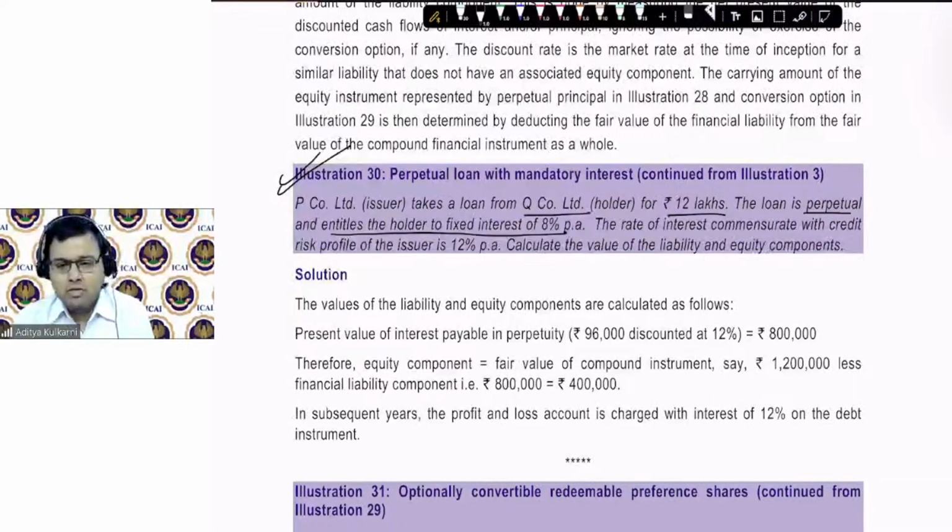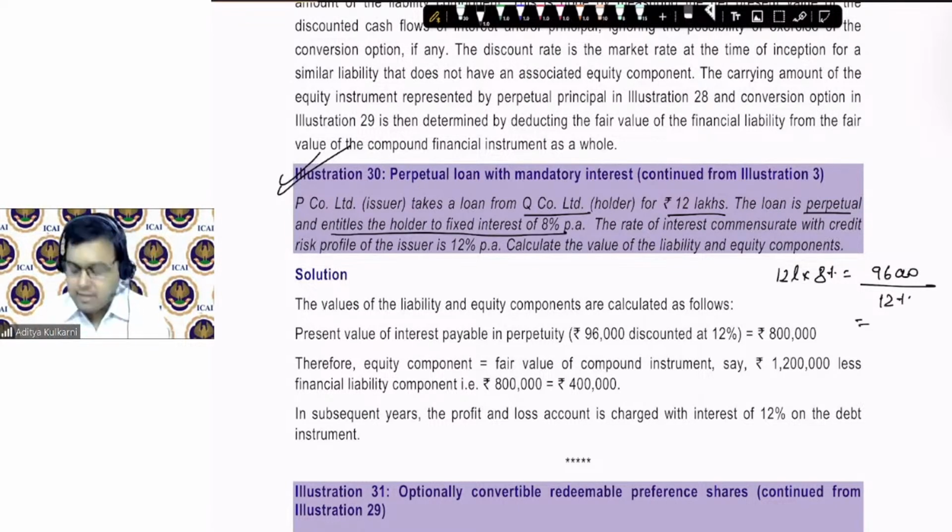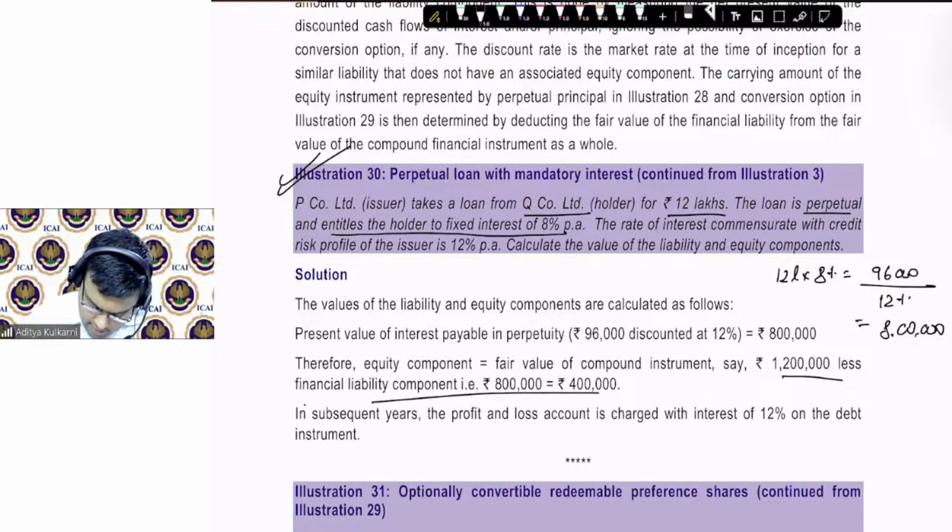So how much are you going to do that payment? 12 lakhs into 8%, 96,000. 96,000 divided by rate of interest 12%. So 96,000 by 12% is 8 lakhs. This is the value of the liability component. So equity component will be 12 minus 8, 4 lakhs. Are we clear with this?